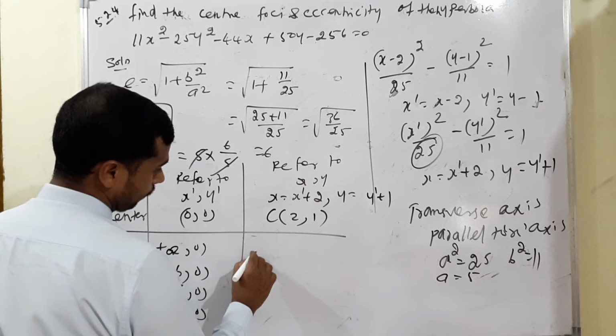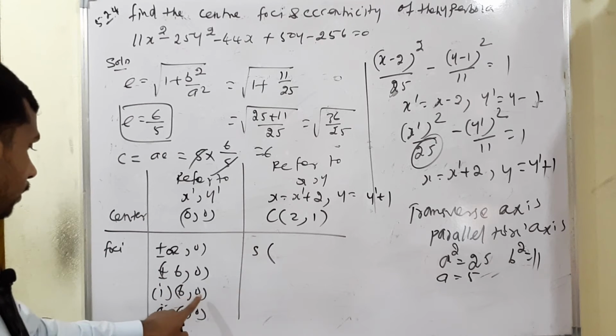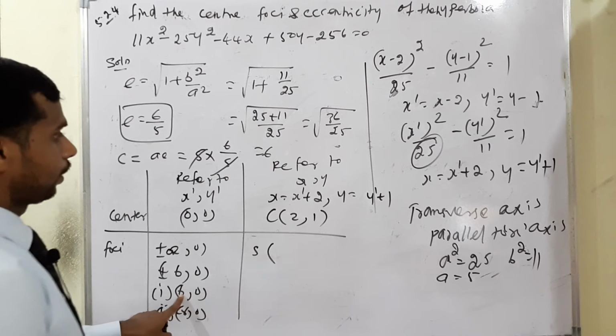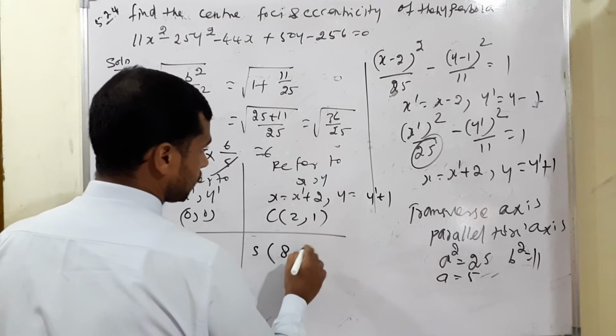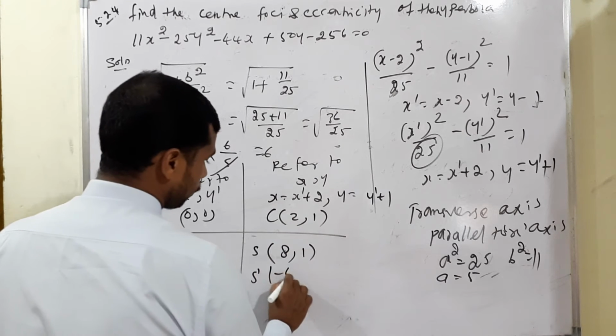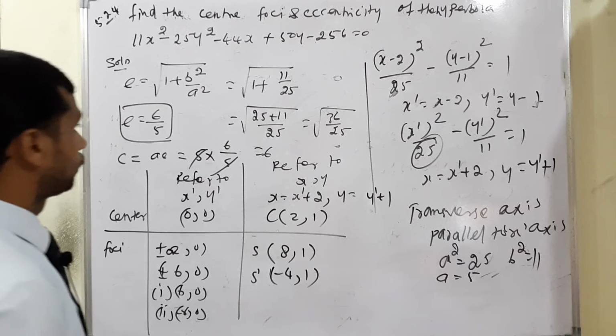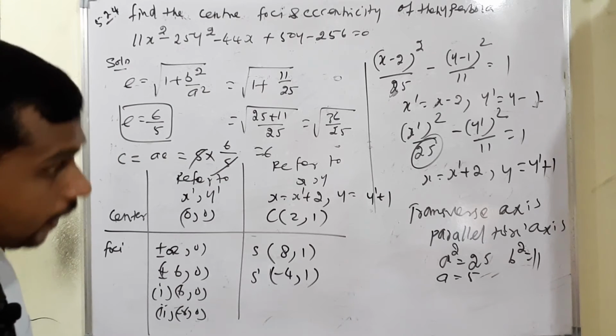Therefore, for foci, x' is 6, y' value will be 0. Therefore, 6 plus 2 means (8, 1), as well as x' means minus 6 plus 2 means (-4, 1). Okay. Foci are also over, but we need two vertices also.